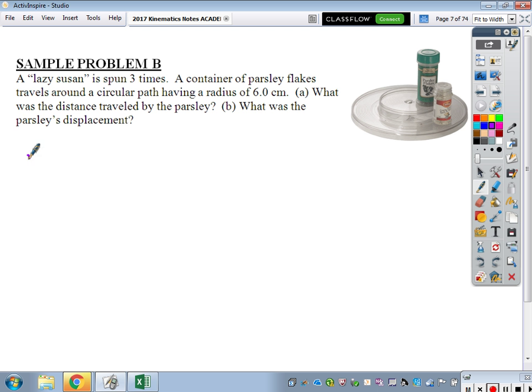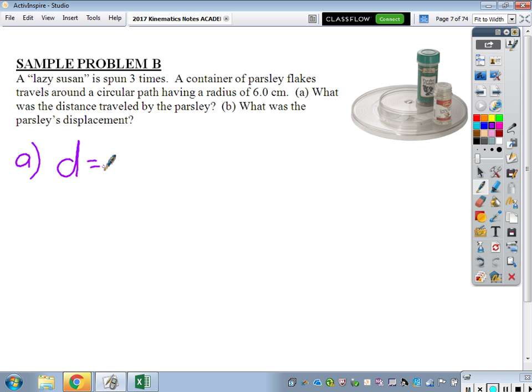Okay? So in A, when we need to find the distance, which by the way is represented by the lowercase letter d, not delta x, to separate those two a little bit, we need to actually come up with an equation that's going to help us to find the total distance our parsley flakes travel.